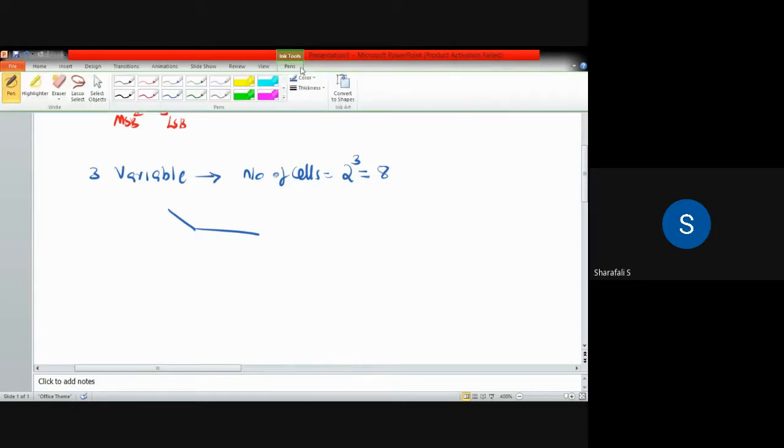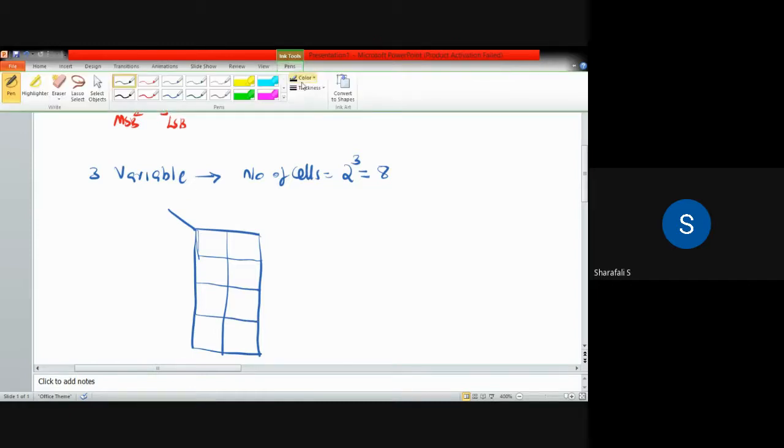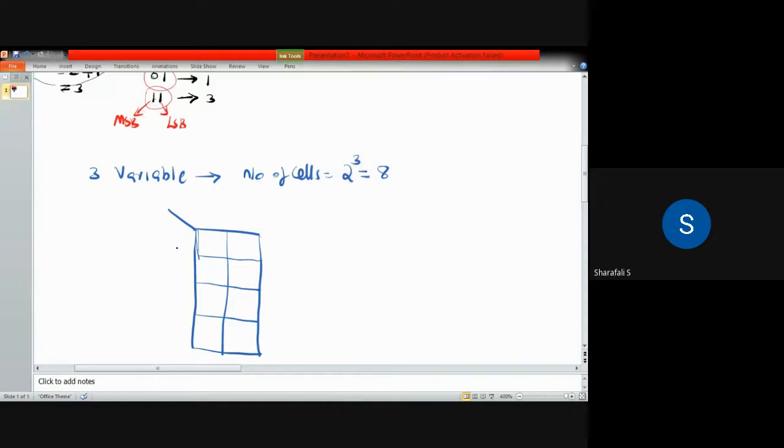I will show both ways how we can draw this. So let's first consider it like this. We need 8 cells in this case because we have 3 variables, which means we need A, B, C.